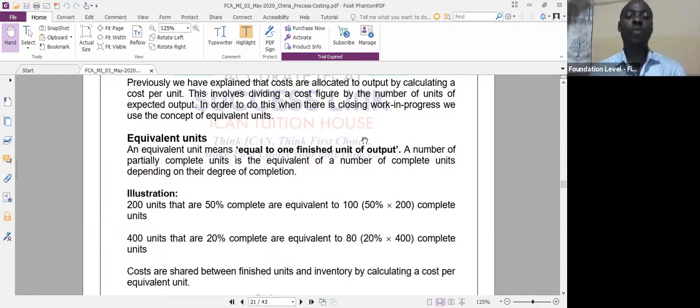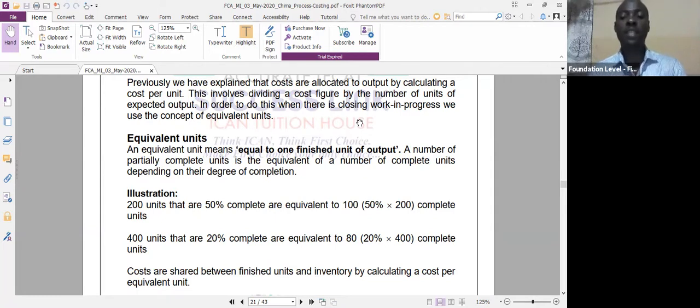And so that is where equivalent units come. Equivalent unit means equal to one finished unit of output.